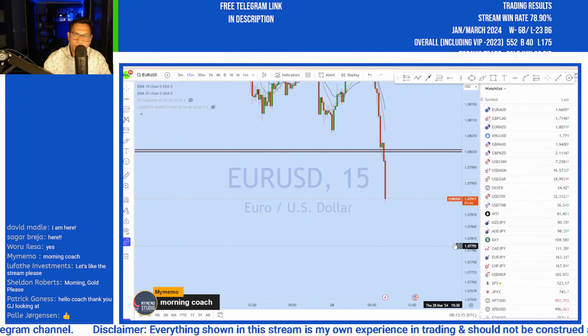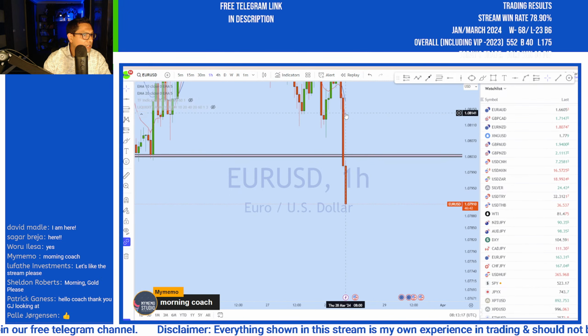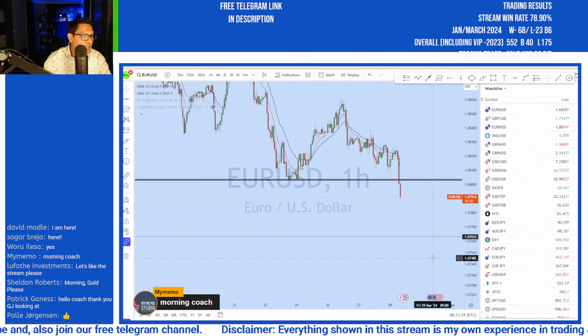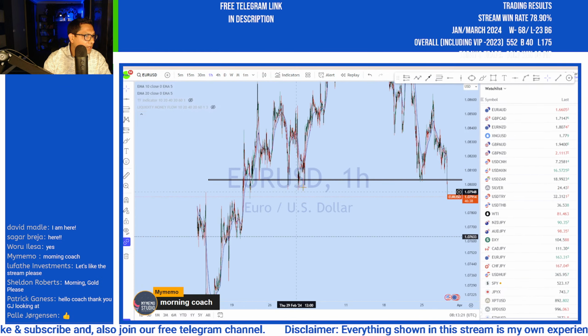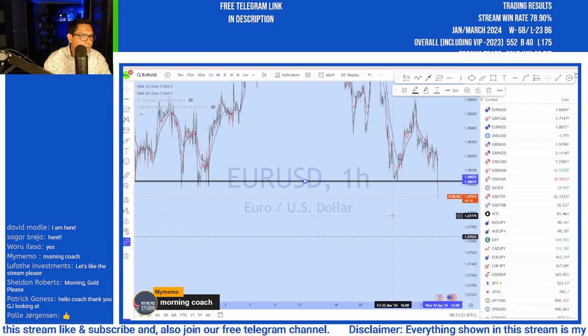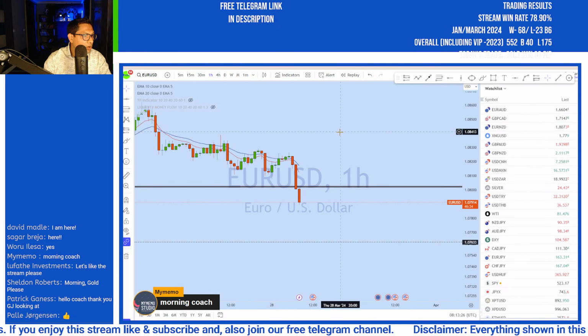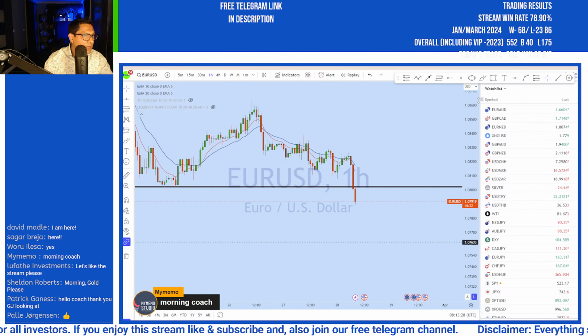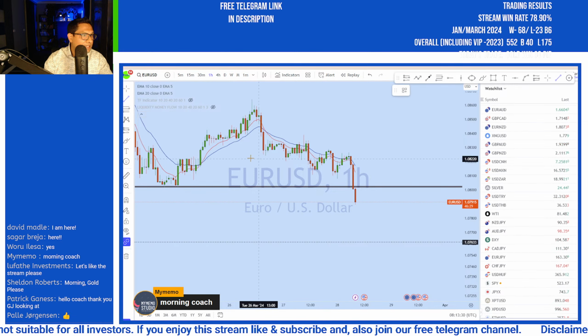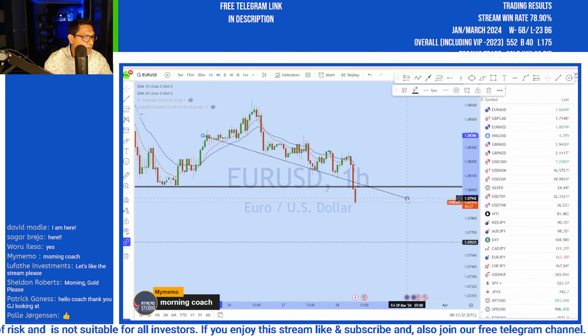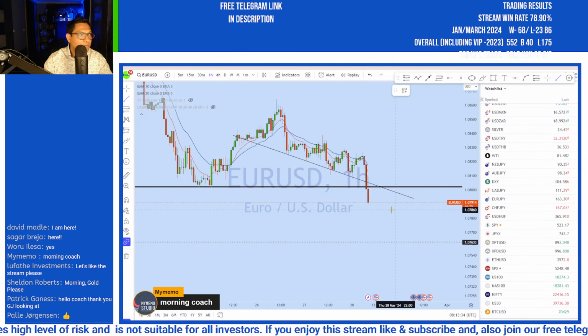If you look here, this is the 1-hour chart and lower time frame, a complete break of the support level. Because it has broken that support, I'm expecting a retest of this previous support turning resistance.